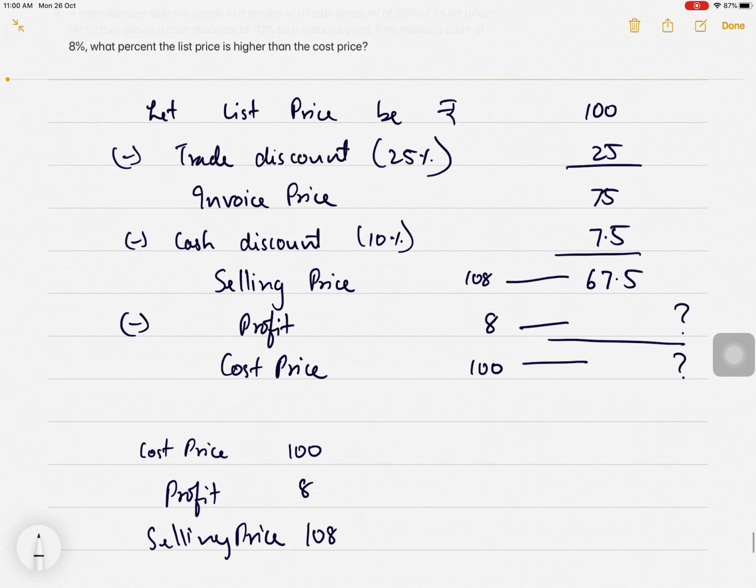So, to find out cost price is equal to 67.5 divided by 108 into 100.